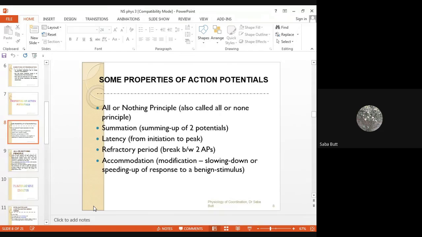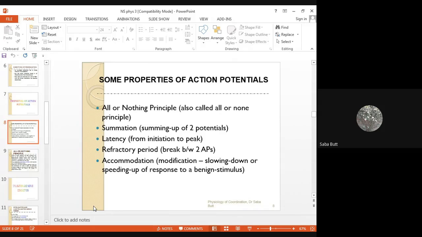So they can move faster towards the axon hillock. The more the summation effect, the faster the transmission of ions towards the axon hillock is possible. So the more synapses there are, the greater the possibility that the action potential is generated quickly, because it reaches the axon hillock. So this is called summation. The stimuli will sum up, simply.